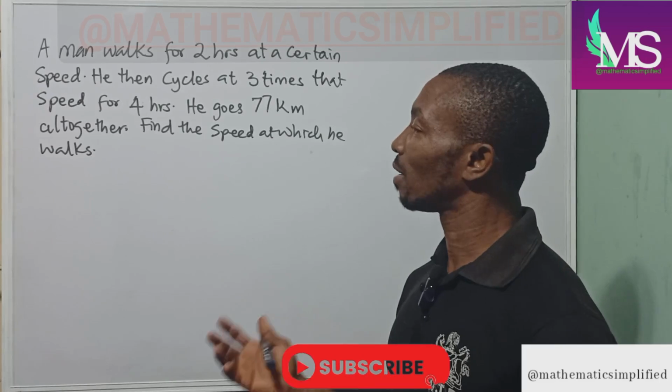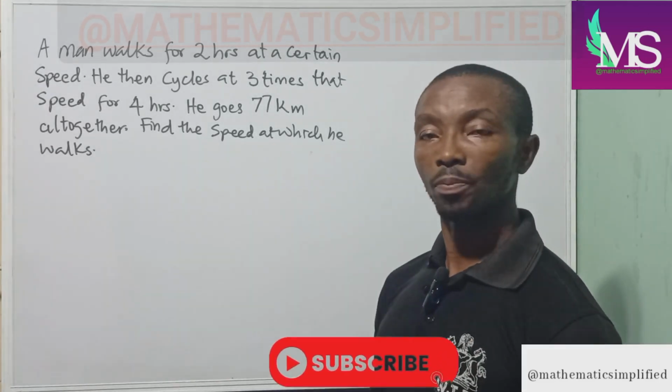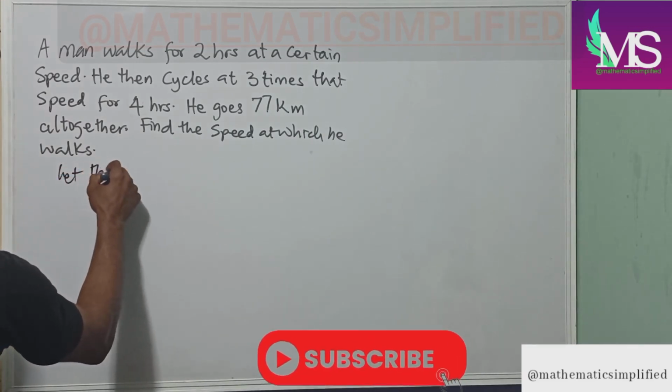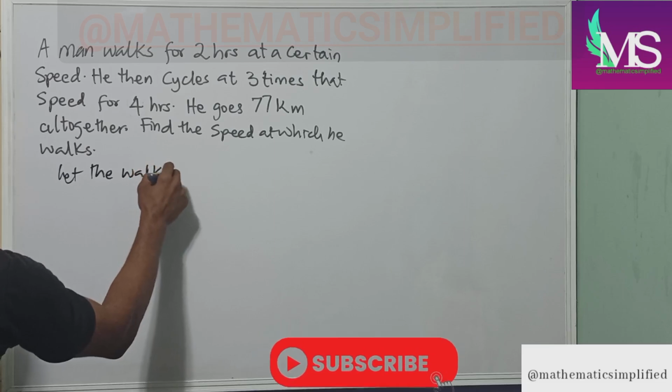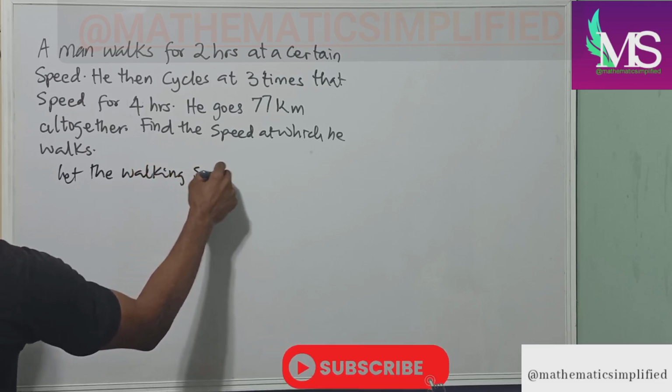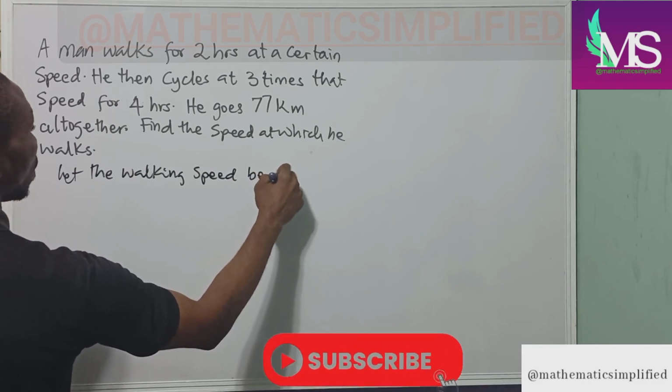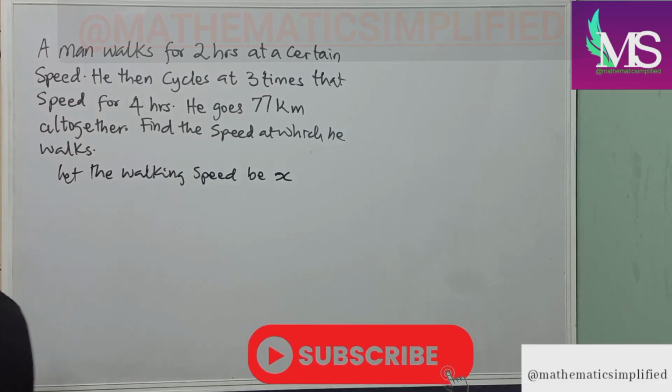Now, for us to find the speed at which he walks, we will say let the walking speed be represented with, let's call it x. All right.